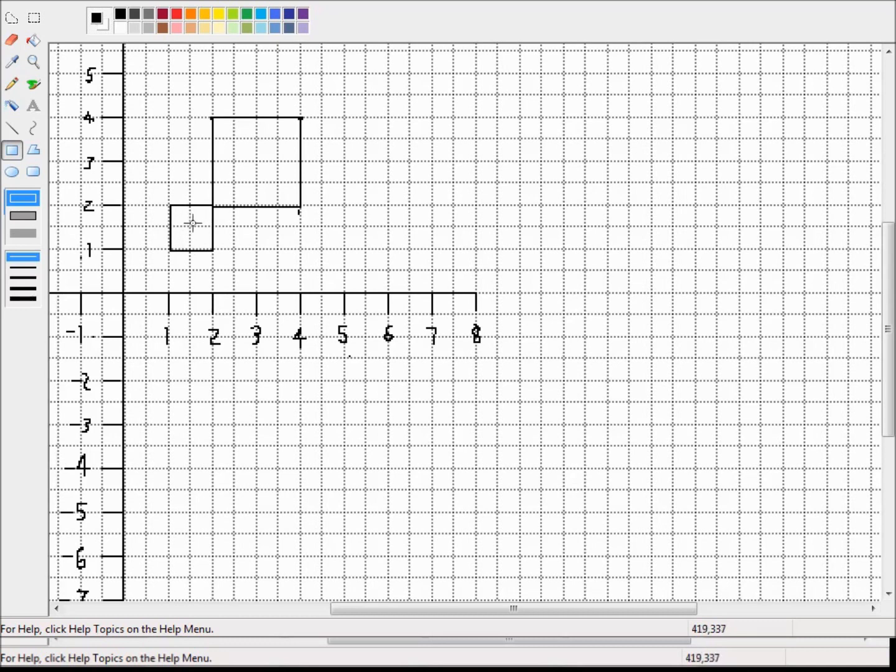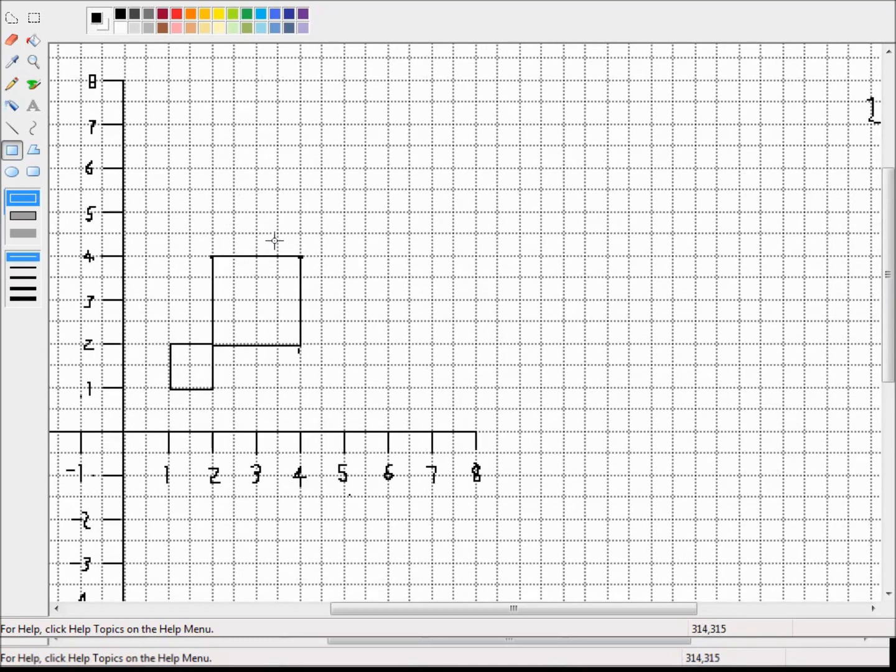On the image, the lengths are 4 by 4, and the area is 1, 2, 3, up to 16, which has been scaled up by a factor of 2 squared. So if you scale up the length by a factor of 2, you scale up the area by a factor of 2 squared.